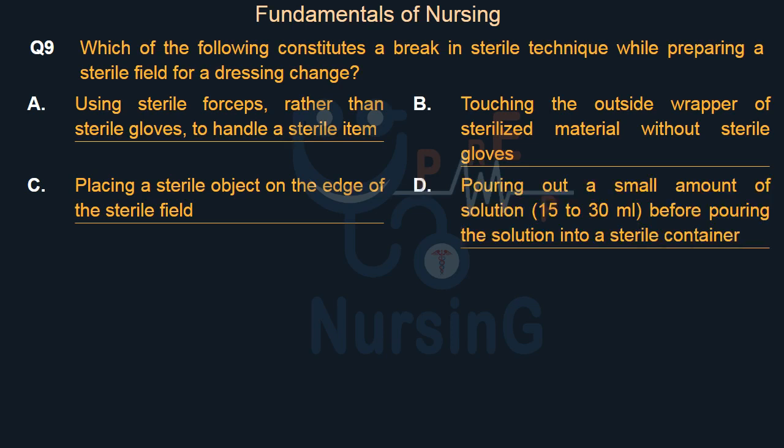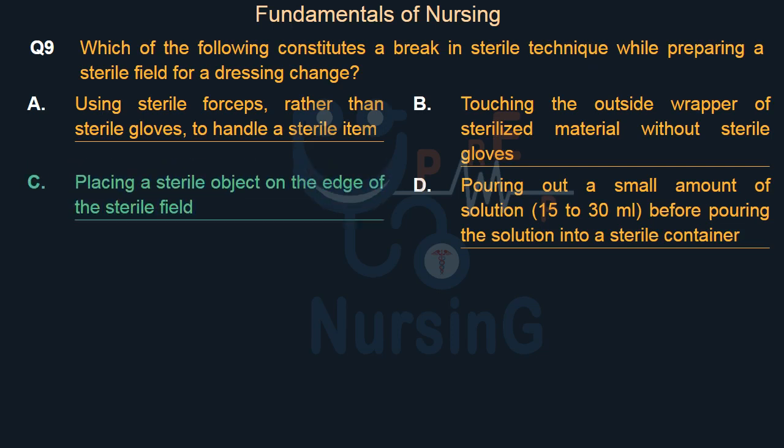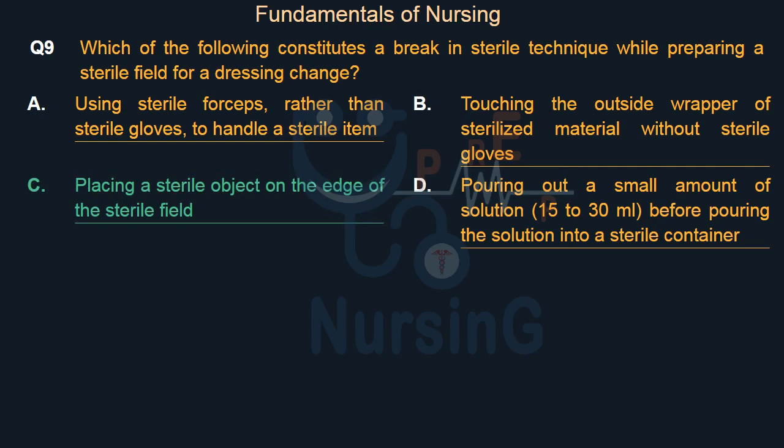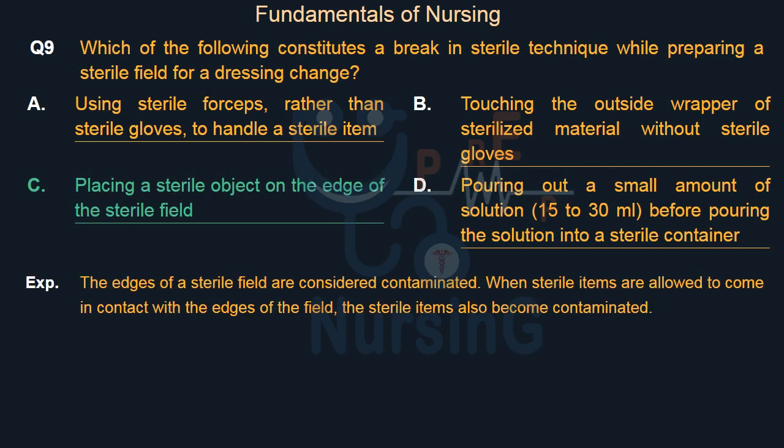Option D. Pouring out a small amount of solution, 15 to 30 milliliters, before pouring the solution into a sterile container. Right answer is option C. Placing a sterile object on the edge of the sterile field. The edges of a sterile field are considered contaminated. When sterile items are allowed to come in contact with the edges of the field, the sterile items also become contaminated.